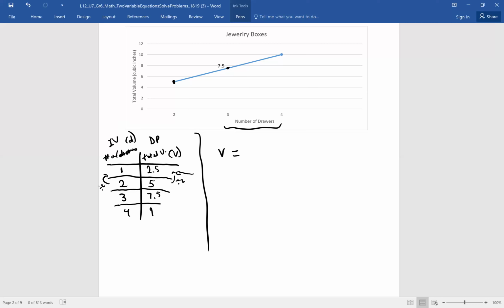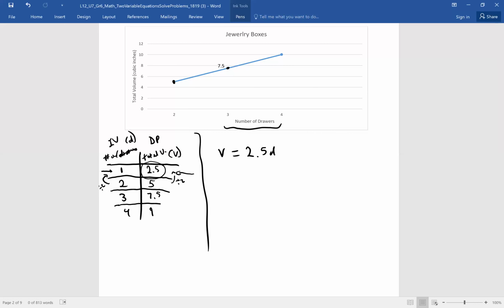Is it 2.5? Is it 5? Well, let's think about what the situation says. One drawer takes up the space of 2.5 cubic inches, okay? Which means each drawer takes up 2.5 cubic inches, which means I can say that this is 2.5 times d. Cool, cool.